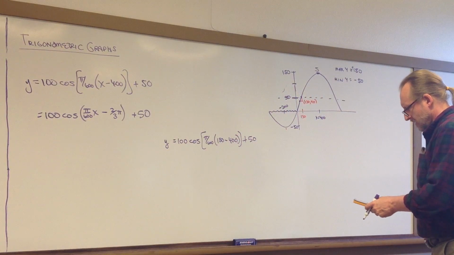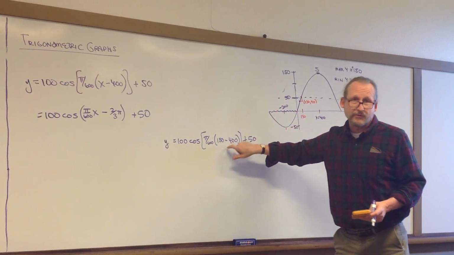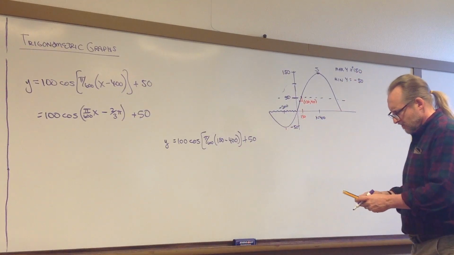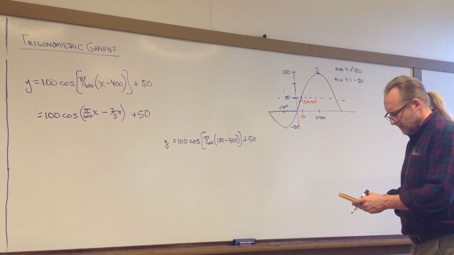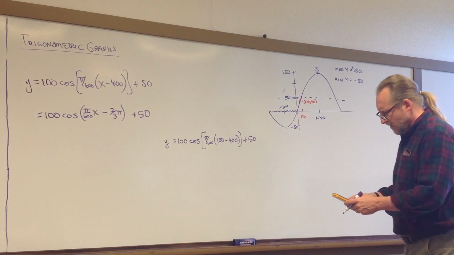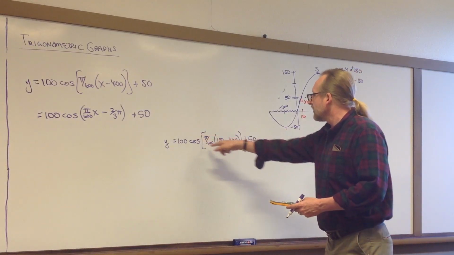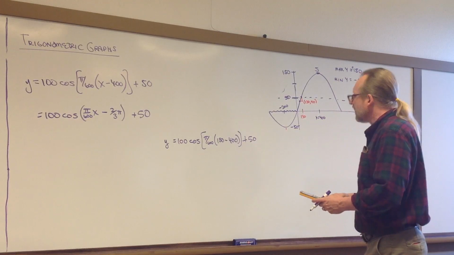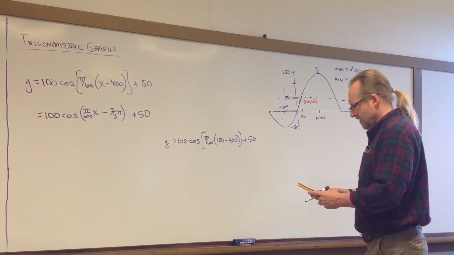Now again, in these situations, we want to make sure that we're working in radians and not working in degrees, okay? So that's the first thing I'm going to do, change my calculator to be in radians rather than degrees. And then I'm going to calculate the cosine of this expression right here. 130 minus 400, negative 270 times pi over 600.